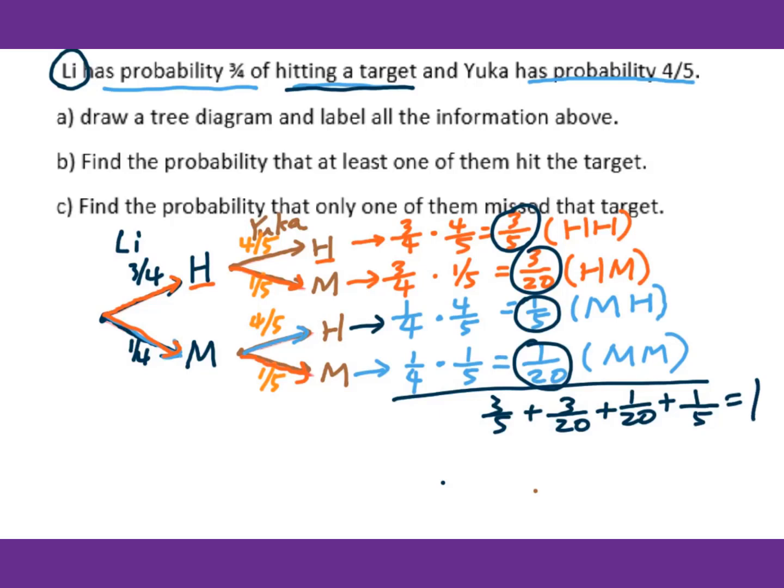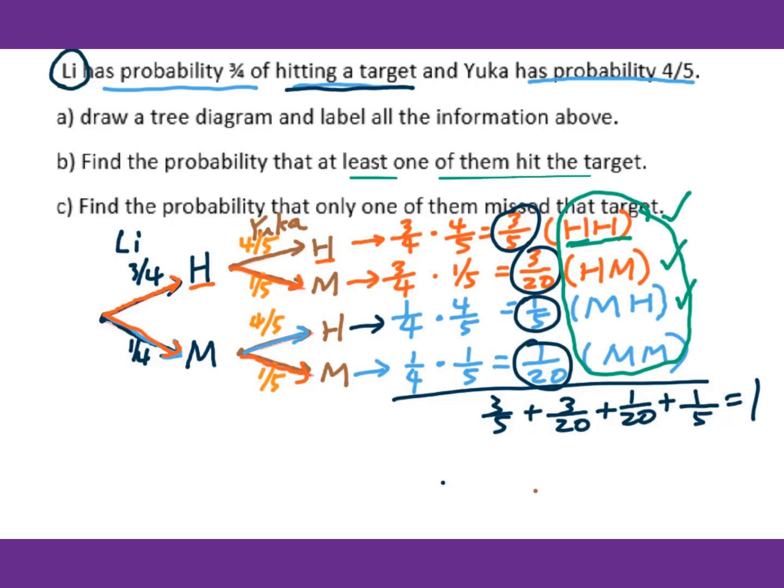Let's go to B. Find the probability that at least one of them hit the target. Therefore, you have to check this. This at least one of them hit the target. I need an H. This is a 2H. This good. 1H here, 1H here.